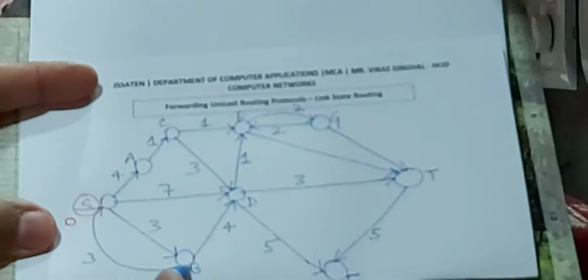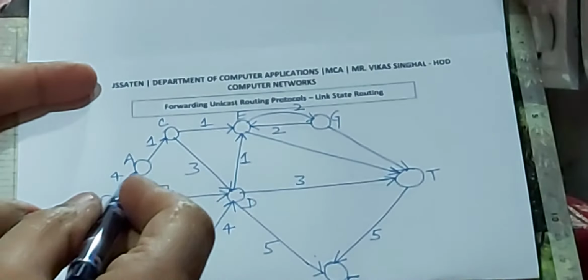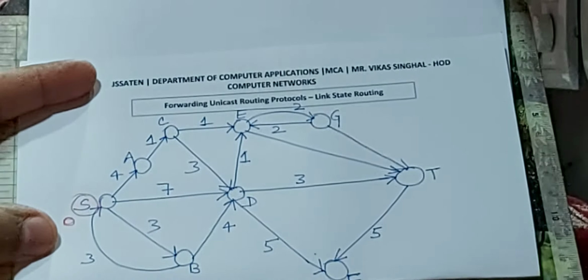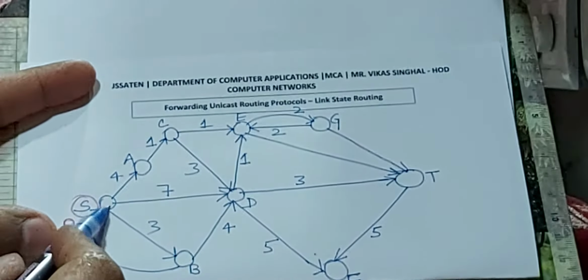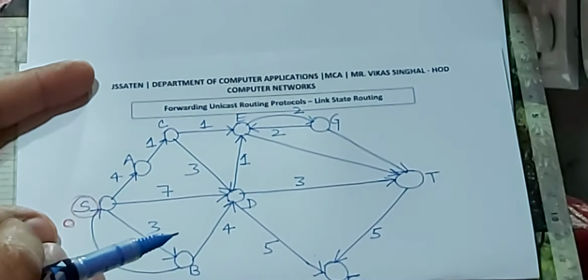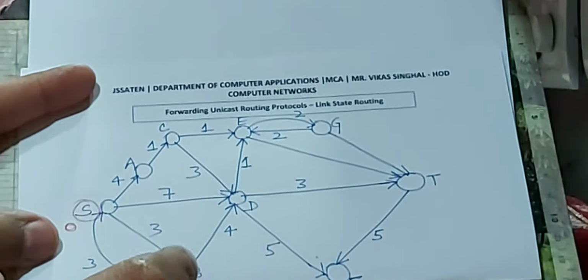Now moving to the next step, what is adjacent to S? Adjacent to S are B, A and D. Since we consider the minimum distance, the minimum distance out of all of this is 0 only, so that will be my final value.